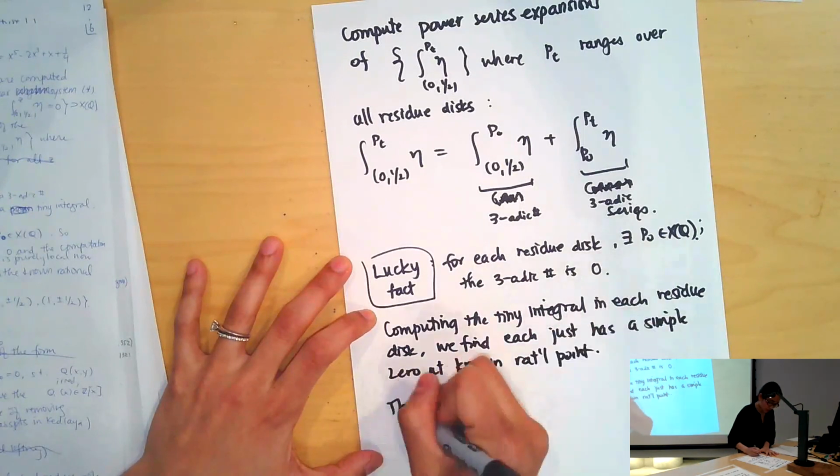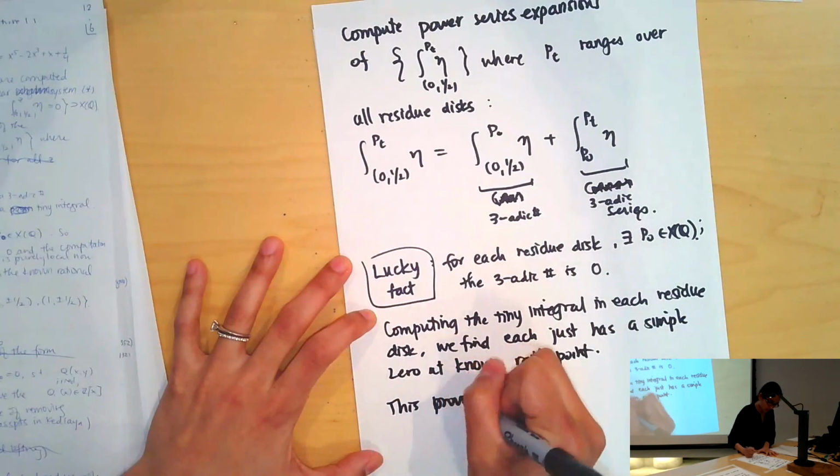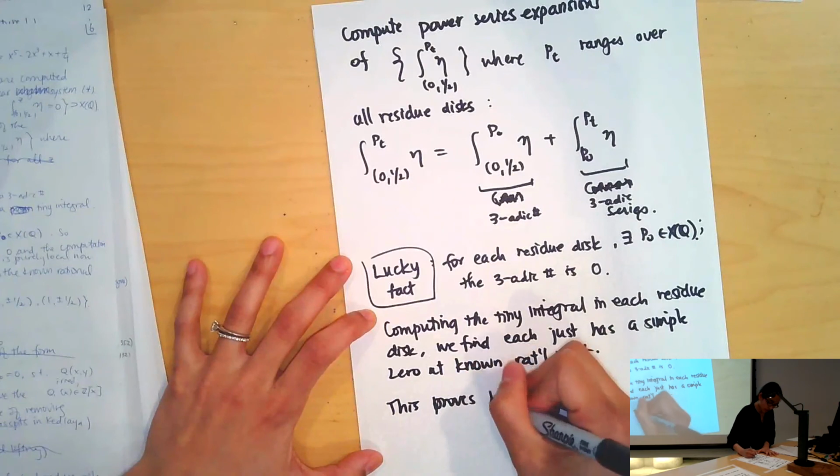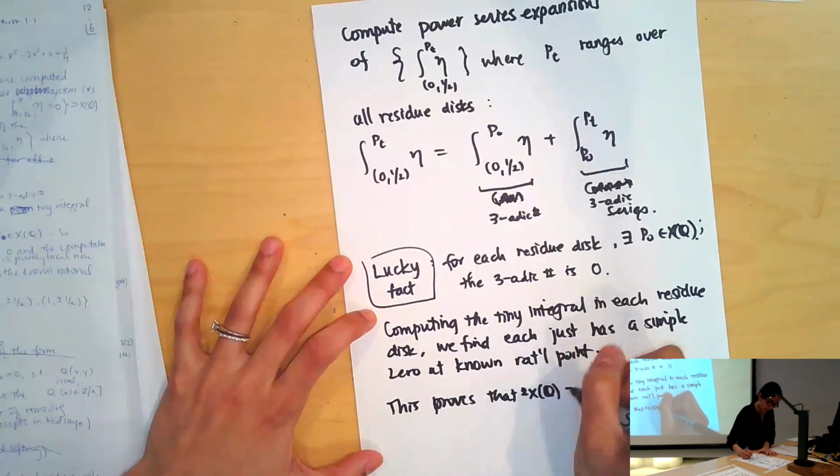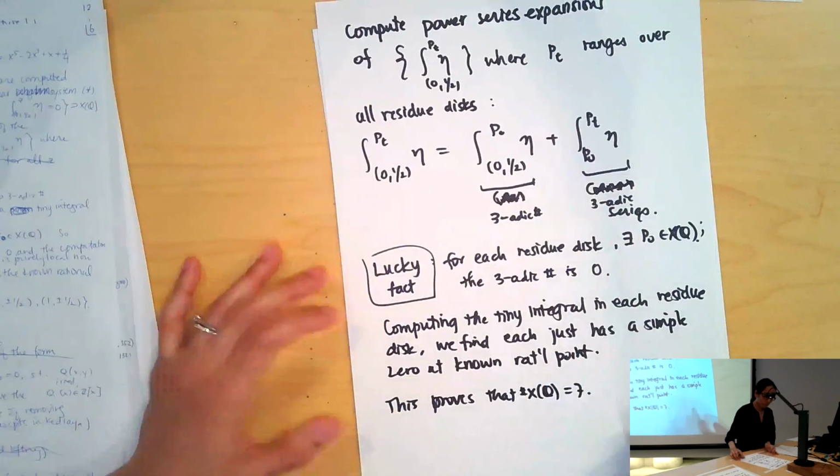And this proves that this curve just had the 7 rational points that we knew about.